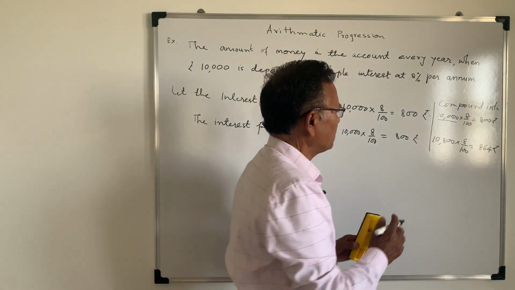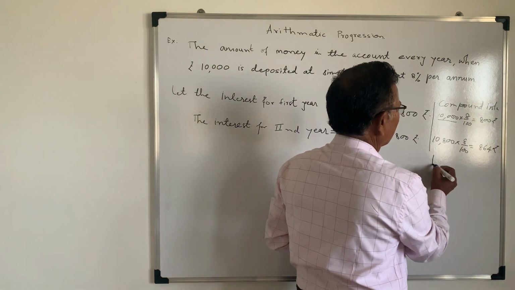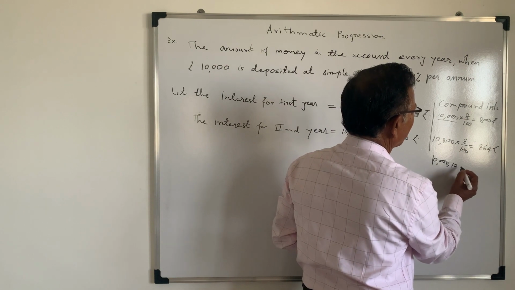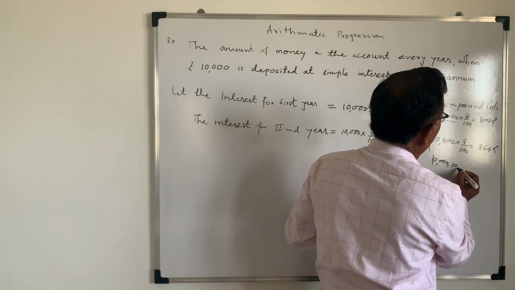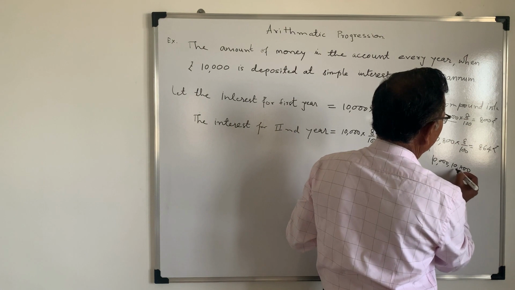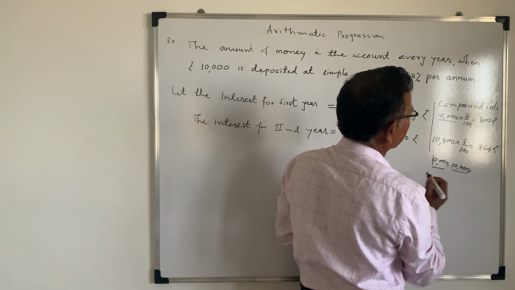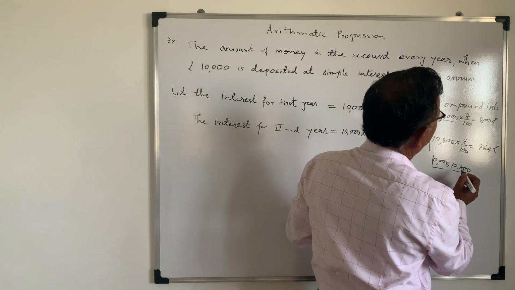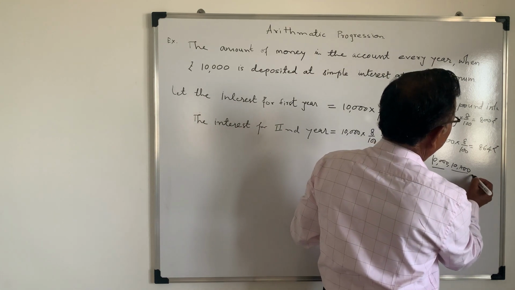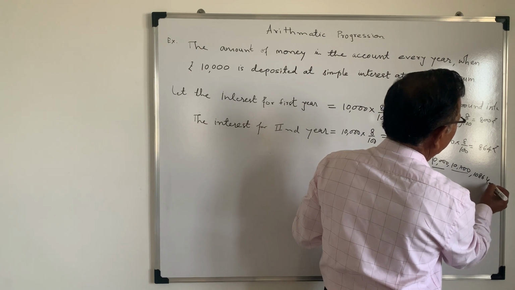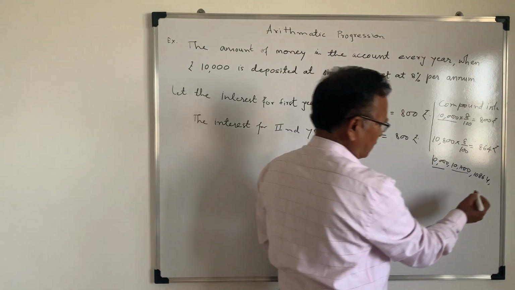And therefore the principal amount of 10,000 at the end of first year will be 10,800, and then 10,864, like this.